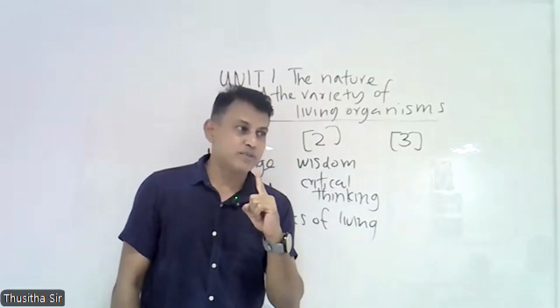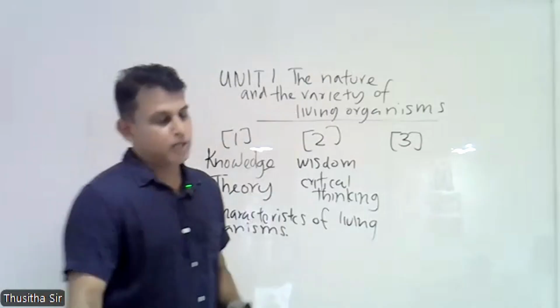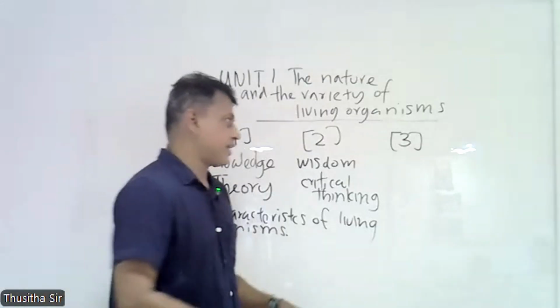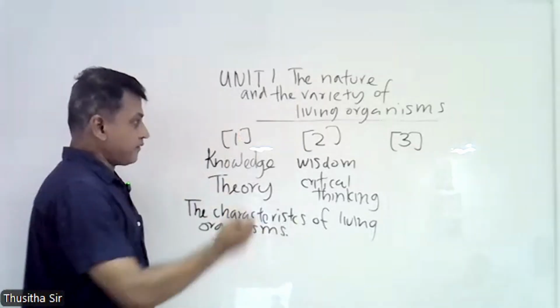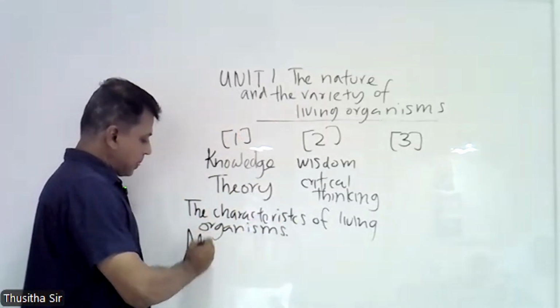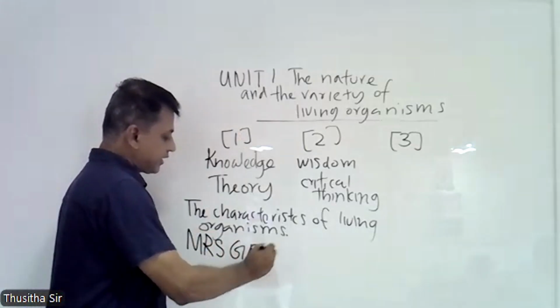Movement. Okay, now when you say movement, you know the rest of the things, right? So when you start with the first one, we try to remember it as Mrs. Grenk. Very good, Mrs. Grenk.